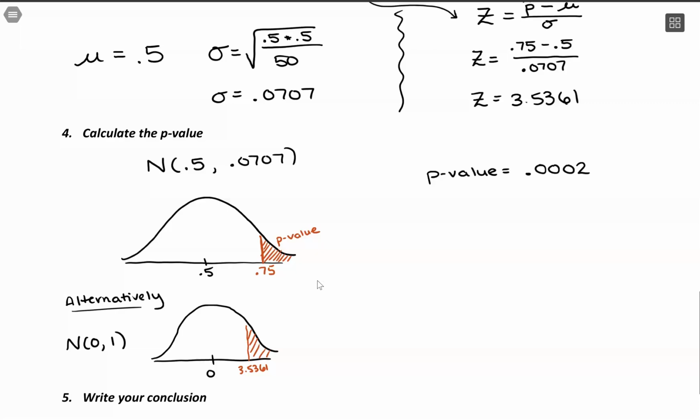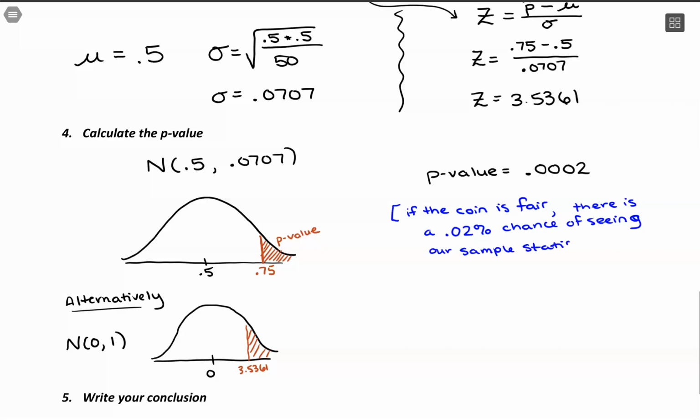And how this would translate, the idea is that if the coin was fair, so if our assumption is true, which is basically what this bell-shaped curve is showing here, so if we have a fair coin, and this is a probability, so it'd be that there's a 0.02% chance of seeing our sample statistic or more extreme.